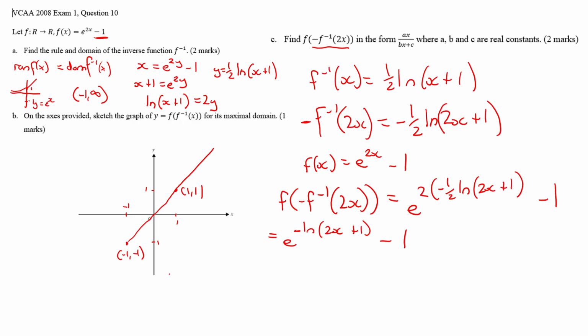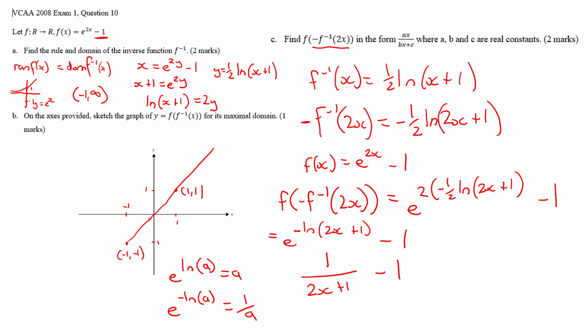So I'll do it over here on the left-hand side, so I've got space. e to the power of log base e A is just going to give us A. We also know that if I've got e to the power of negative log A, it's going to be 1 over A. So we're going to use this relationship. The log is going to be cancelled out of this, and this is going to become 1 over 2x plus 1, take away 1.